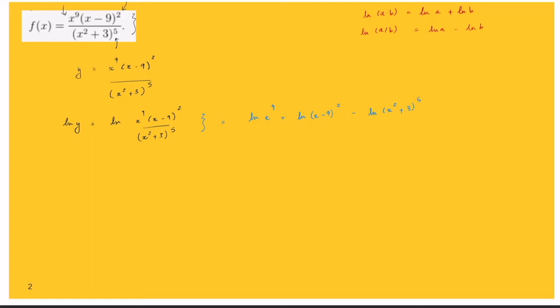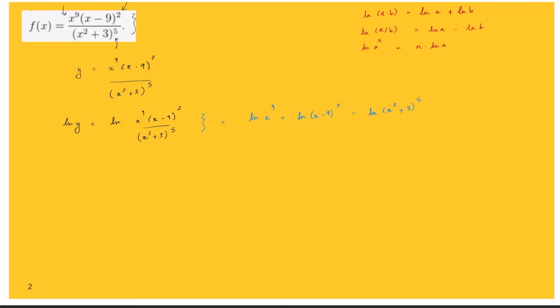Now, to simplify this further, there is another logarithmic rule we can keep in mind: the natural logarithm of a to the n is simply n times the natural logarithm of a.